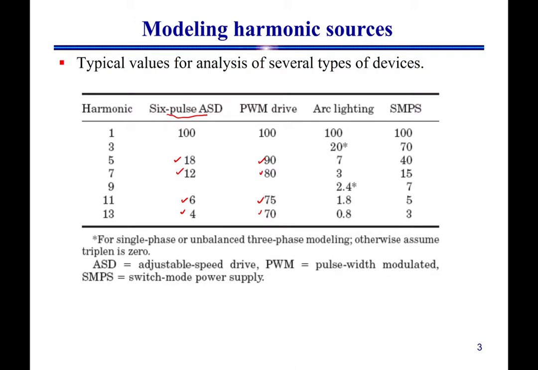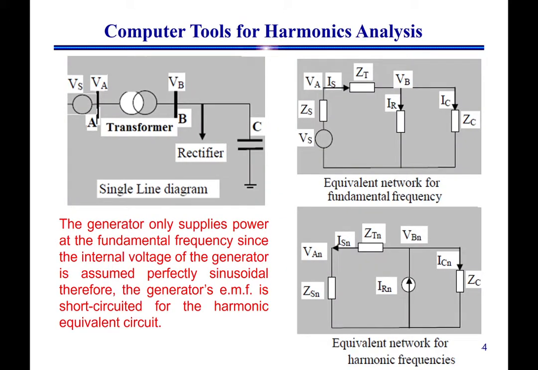If we have arc lighting, we can have also the 3rd harmonic or triplen harmonic. We can have as well the 9th harmonic. But if we have switch mode power supply, all harmonics will be present. All odd harmonics will be available.